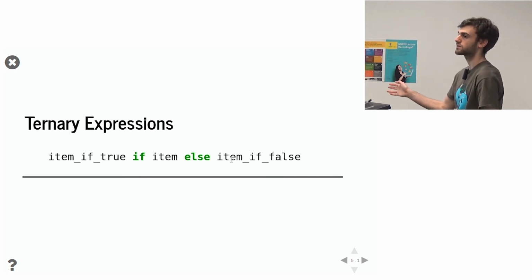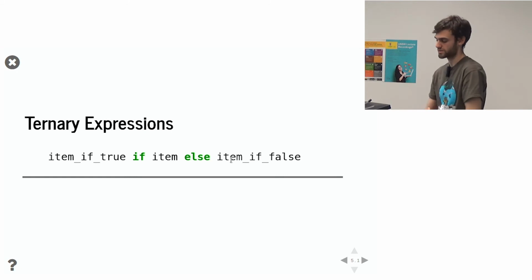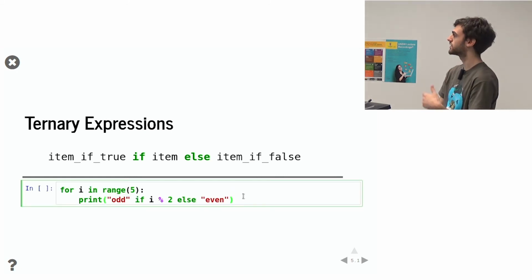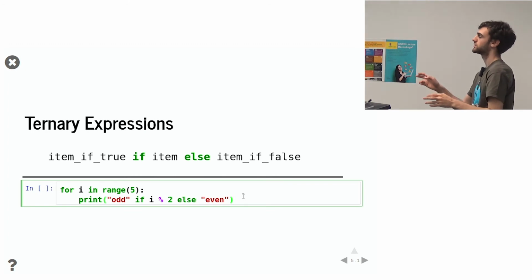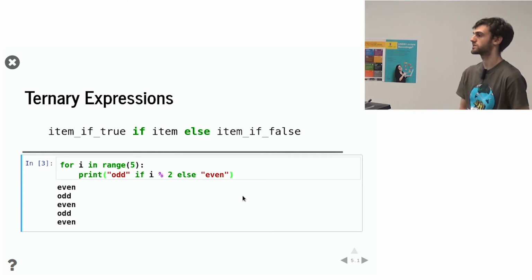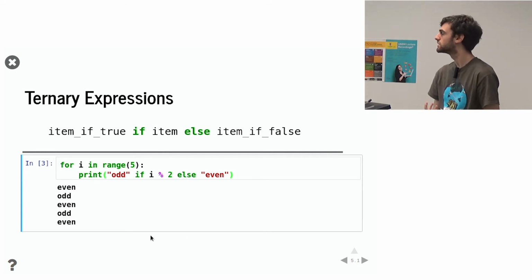And the last thing is what I want to do otherwise. So you can have something like this. For every number in range 0 to 4, print odd if it's odd, otherwise print even. And now we have something like this. Does that make sense? All right.